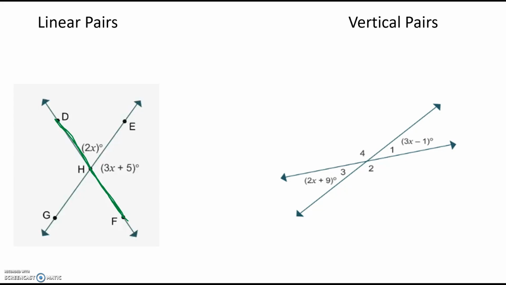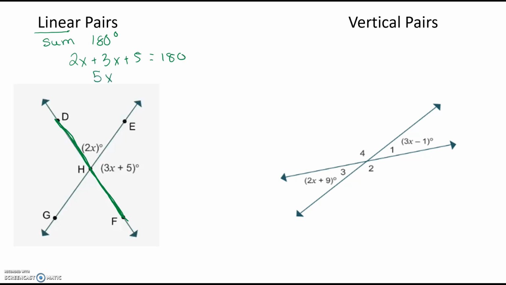If that is a straight line, then I know it is a linear pair, and I know that a linear pair has a sum of 180 degrees. So I have to be able to identify which are linear and which are vertical. The outside edge forms that straight line. These are linear, so that tells me that 2x plus 3x plus 5 is going to be 180 degrees.